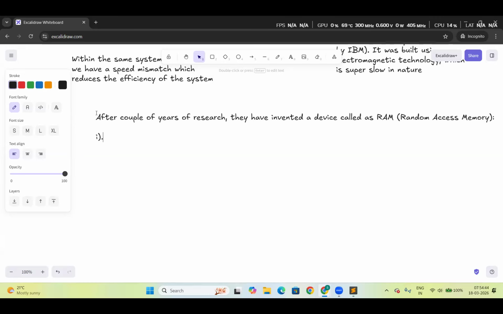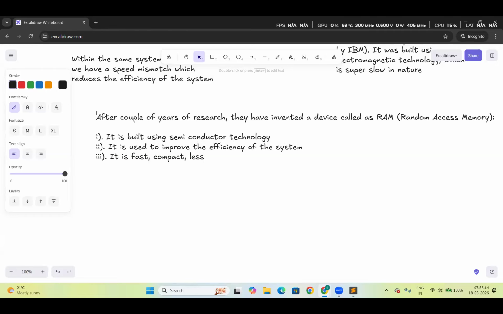So it is built using semiconductor technology. It is used to improve the efficiency of the system. It is fast, compact, and less noisy.